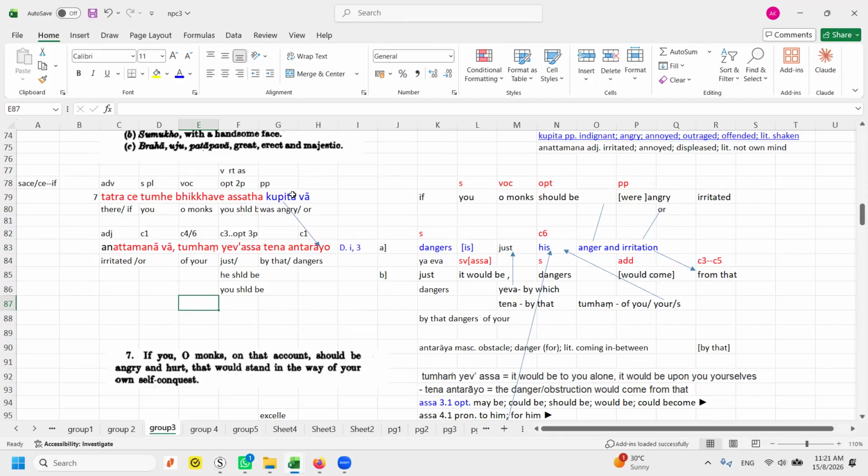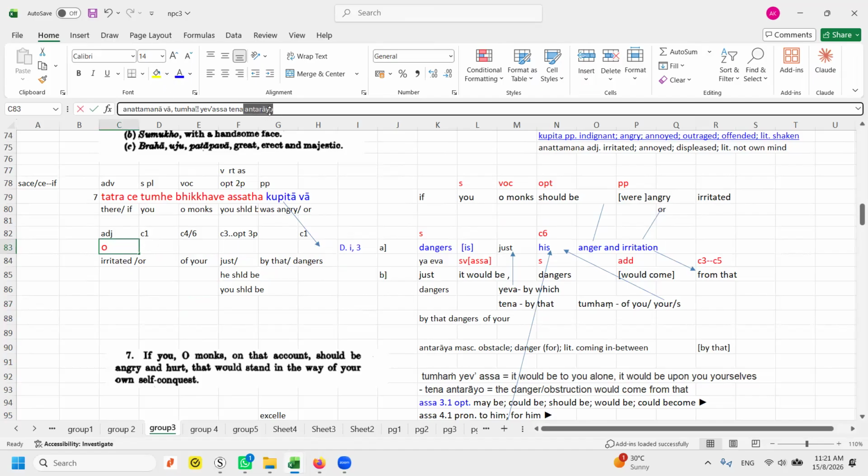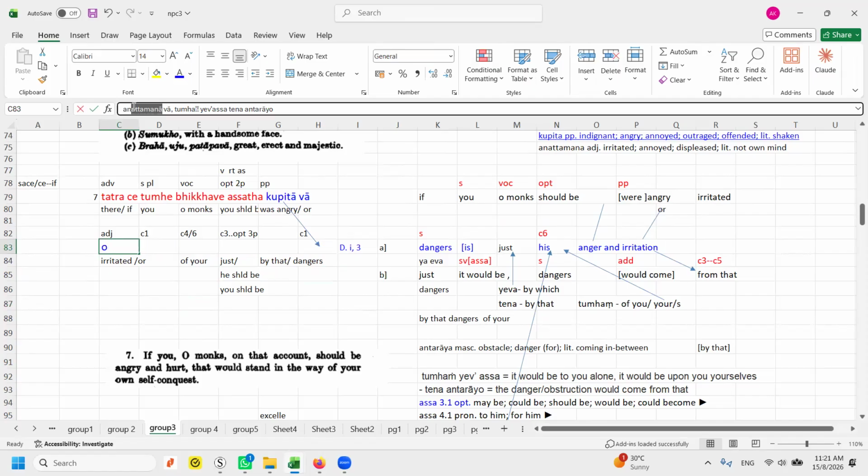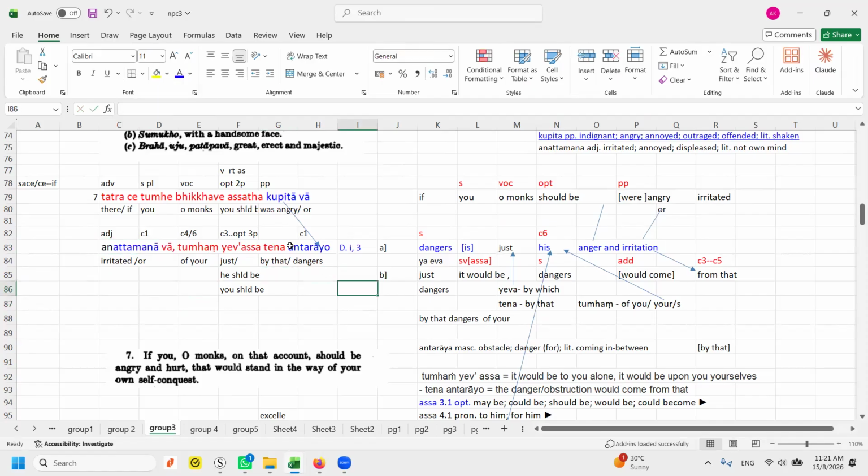That means Kupita and Antamana are all the same case. So that means you can say the danger, the anger, the danger, is equal to Kupita and Antamana because they are the same case. So this one is equal to this, equal to this.